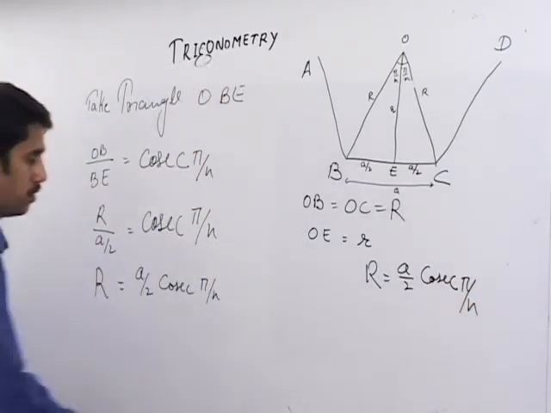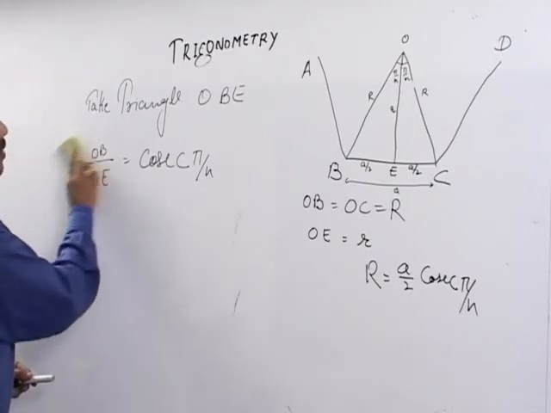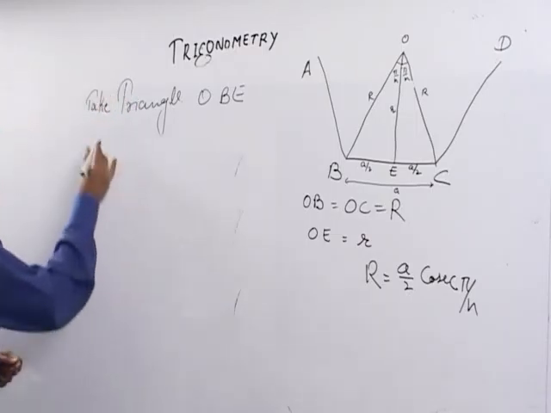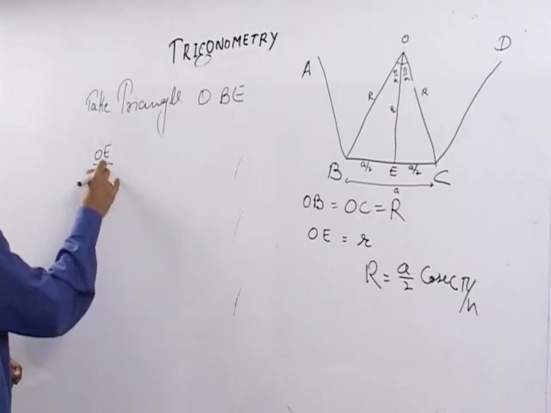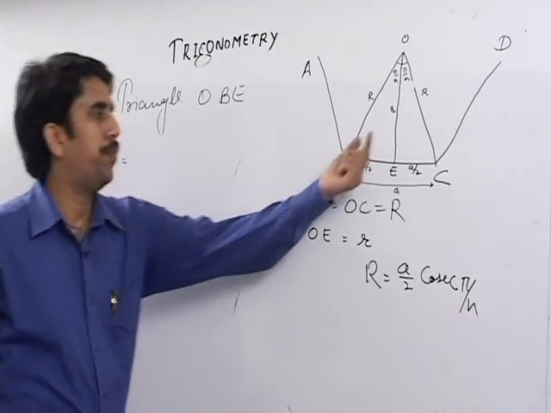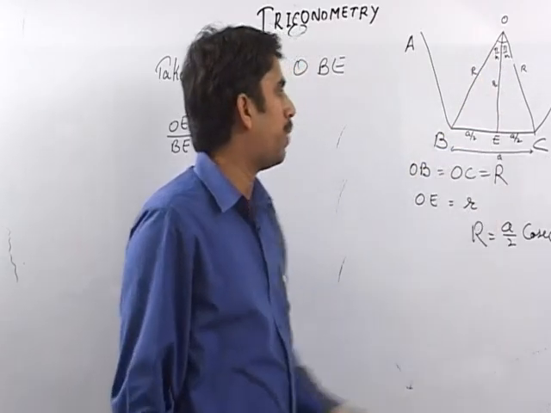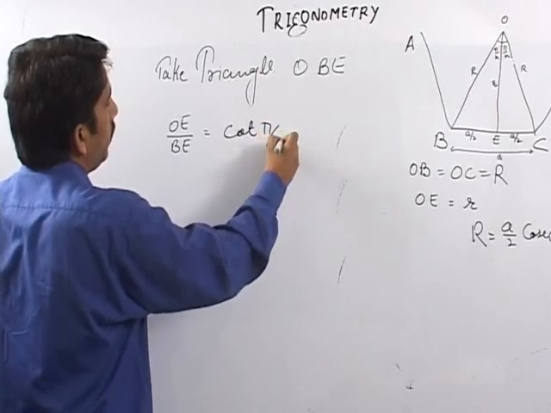In a similar pattern, you can find out small r in triangle OBE only, OE over BE. This is base over perpendicular, which will be equal to cot of pi by n.